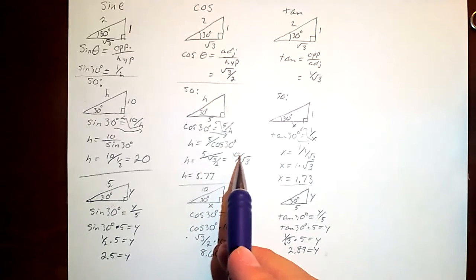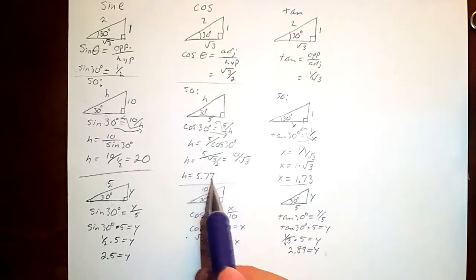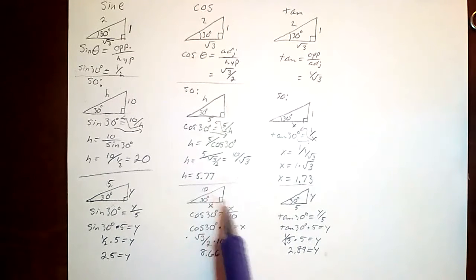I get 10 over square root of 3, and then you grab a calculator if you actually need a decimal, and I get this. I can also solve for the adjacent side, because cosine of 30 degrees must be x over 10. So I'm going to multiply this over here, because I can substitute the square root of 3 over 2 for this, multiply by 10, and you grab a calculator, you get that.